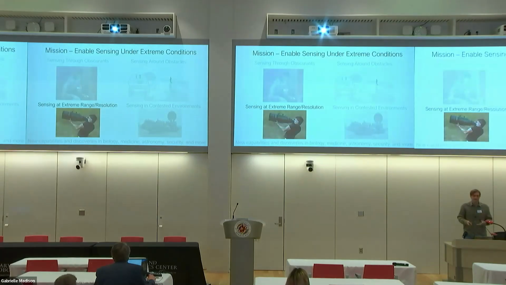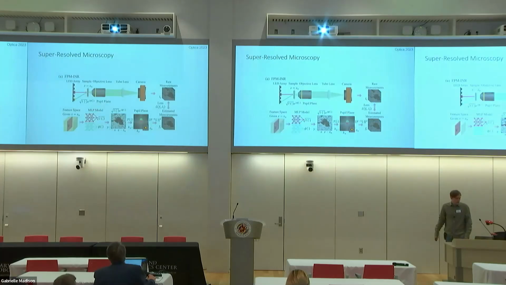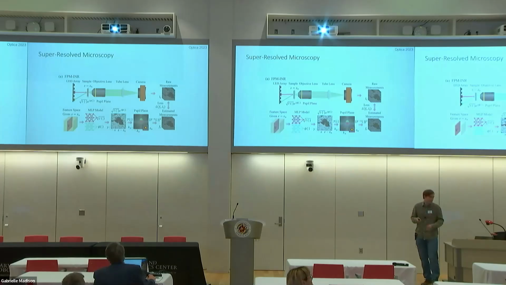We are focused on sensing at extreme ranges and resolution, whether this is temporal, spatial, what have you. We're working with collaborators in various microscopy departments to do super resolved light-based imaging.